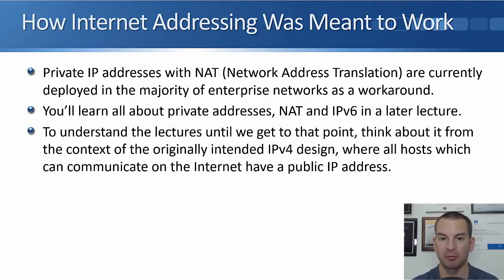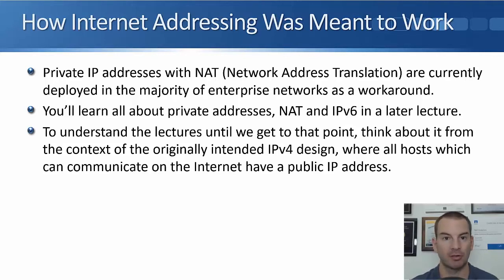Private IP addresses with NAT, which is Network Address Translation, are, however, currently deployed in the majority of enterprise networks as a workaround. So IPv6 is the long-term solution, but today, private addresses with NAT is actually more commonly deployed. But as time goes on, there will be more uptake of IPv6.